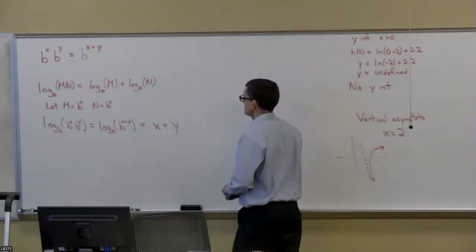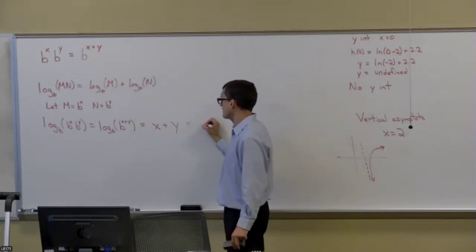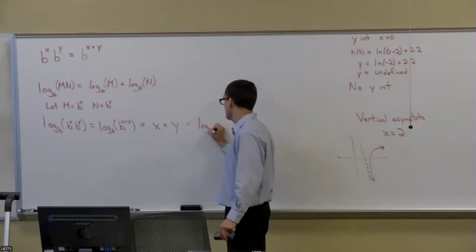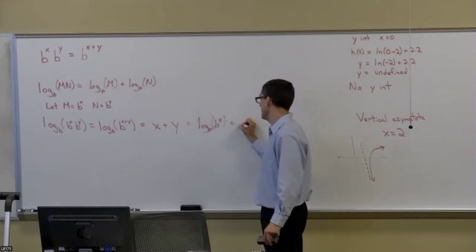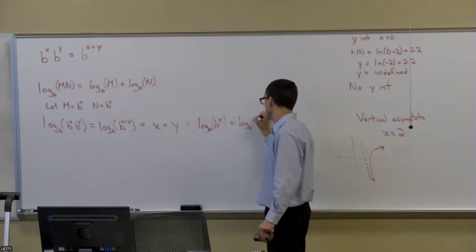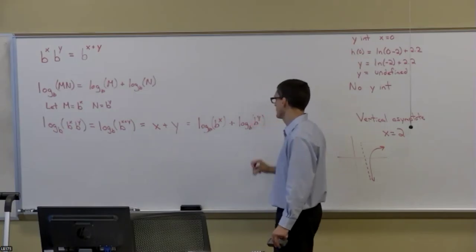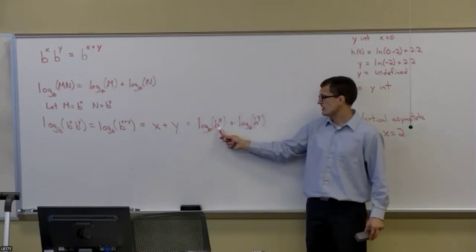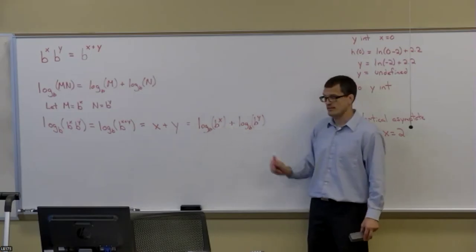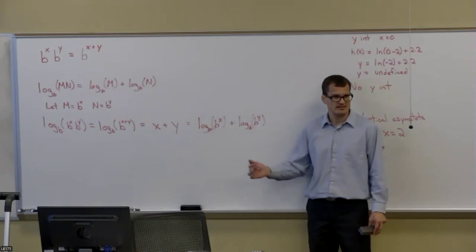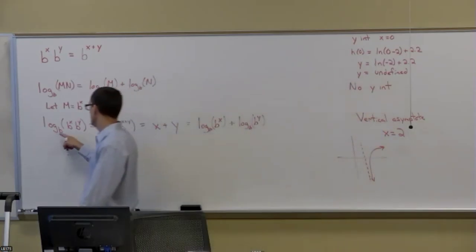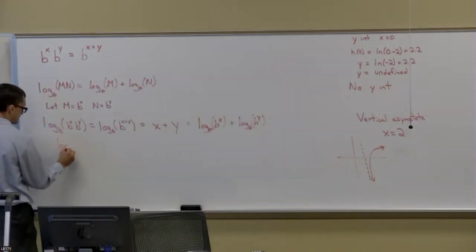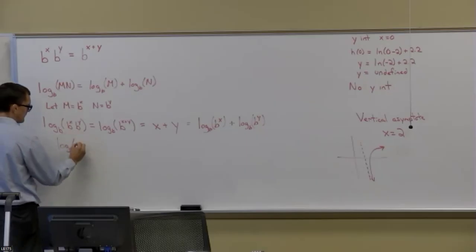And just going through this, what's x? Well, x is log base b of b to the x. And y is the same thing as log base b of b to the y power. So again, this is log base b of m plus log base b of n. Okay, see that? So on this side, we have log base b of m times n.